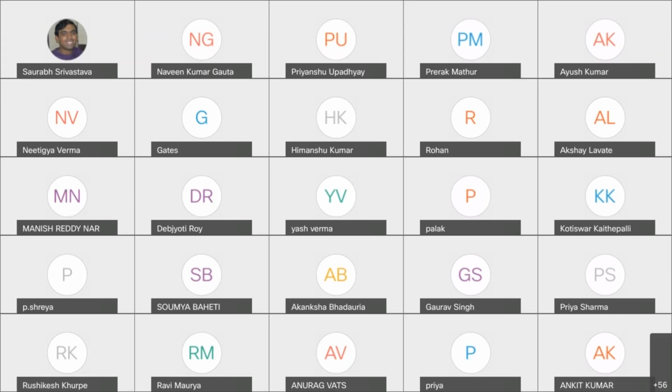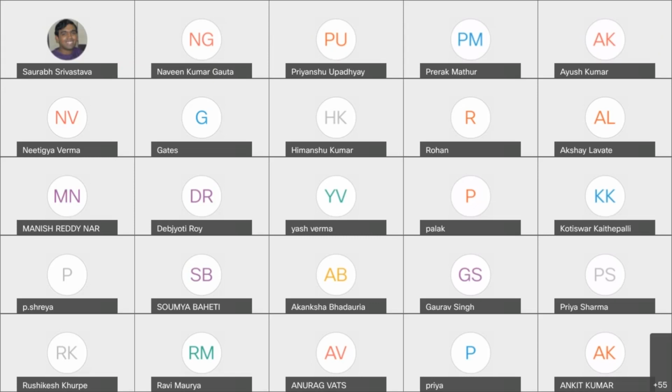Okay. So Ayush, would you like to be a shepherd? Okay. So let me start with Ayush, Prerak, Manish, Rohan. Yeah, four is fine. Just keep on telling me your section and roll numbers. Ayush is IT 24. Okay, IT 24.